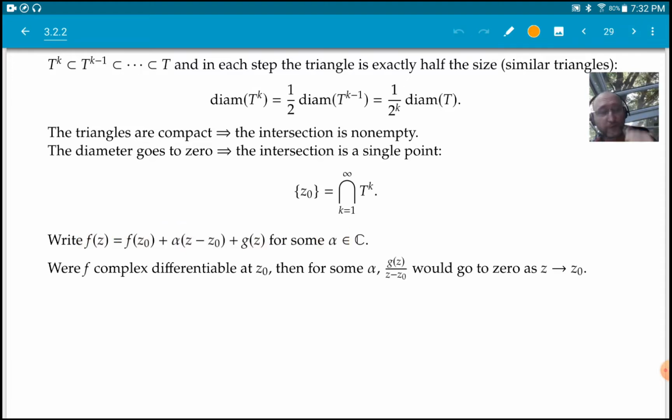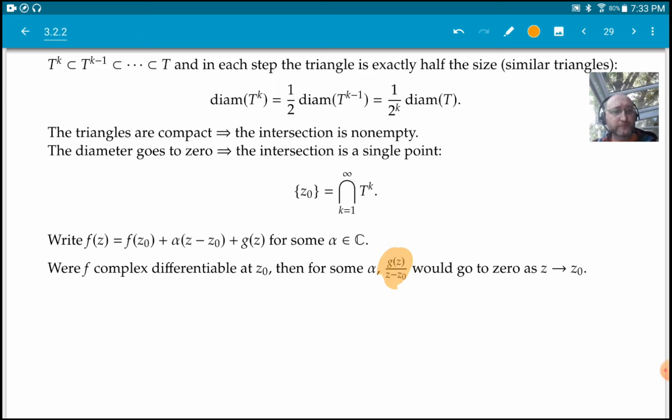Now, if f was complex differentiable at z0, then there would be some alpha, namely the derivative, such that if I take g and divide by z minus z0, this would go to 0, because that's the error when computing the derivative. That's the thing that's supposed to go to 0 to make the difference quotient work out.